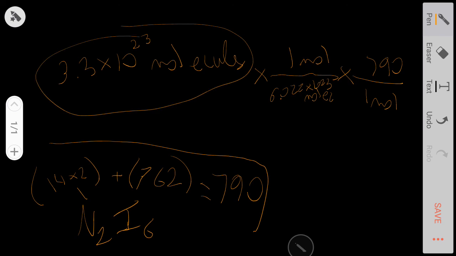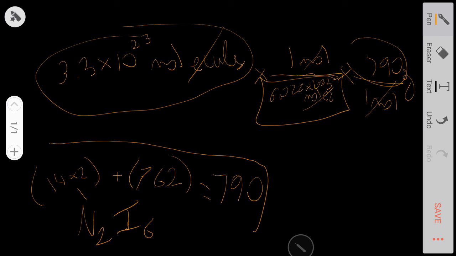So this times 790, moles cancel out, molecules cancel out. I'm left with grams, and I divide that by Avogadro's number. Your answer should be 432.9, or you could just put 433 grams.